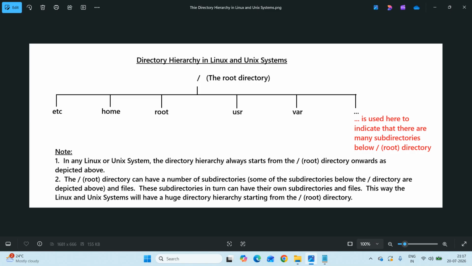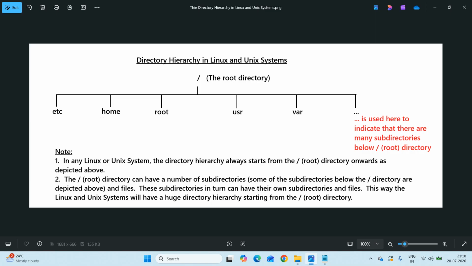This is just to repeat what I told already. In any Linux or Unix system, the directory hierarchy always starts from the root directory onwards, like what I have depicted here, people, and the root directory is indicated with a forward slash. This root directory can have a number of subdirectories.